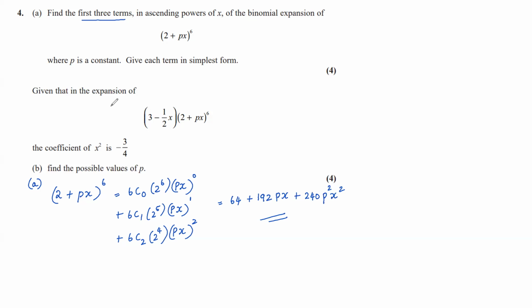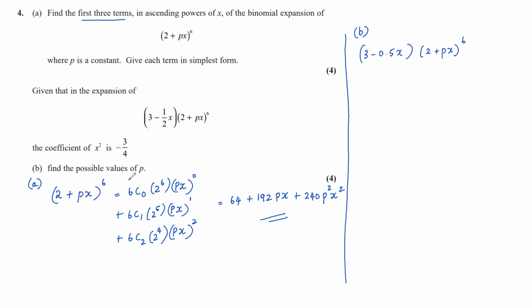Now, that is the (b) part here. So for the (b) part, it's given that in the expansion of (3 minus 1/2 x), 1/2 is 0.5, so (3 minus 0.5x) into (2 + px)^6, the coefficient of x squared, when we multiply these two brackets, is minus 3/4.